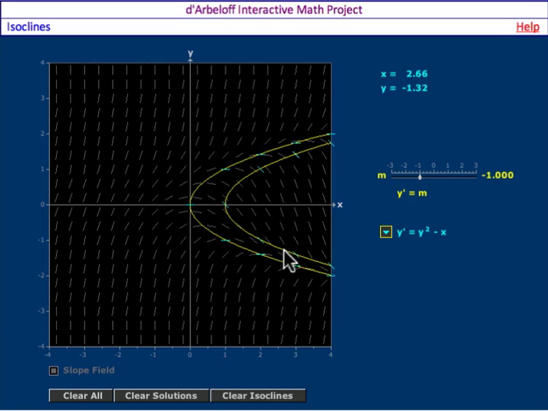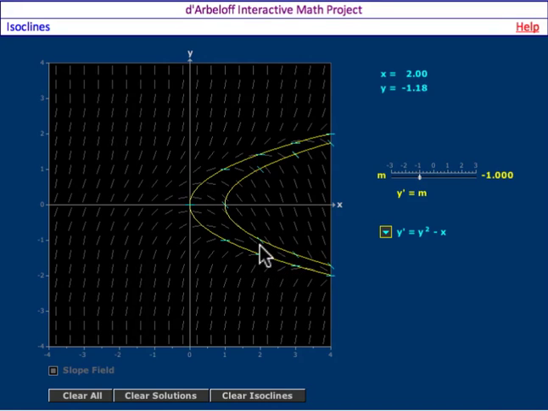But when it crosses it, it also has to cross it with slope minus 1 because this is the m equals minus 1 isocline. But the slope of this yellow parabola is bigger than minus 1 along here, and so the solution curve can never cross it.